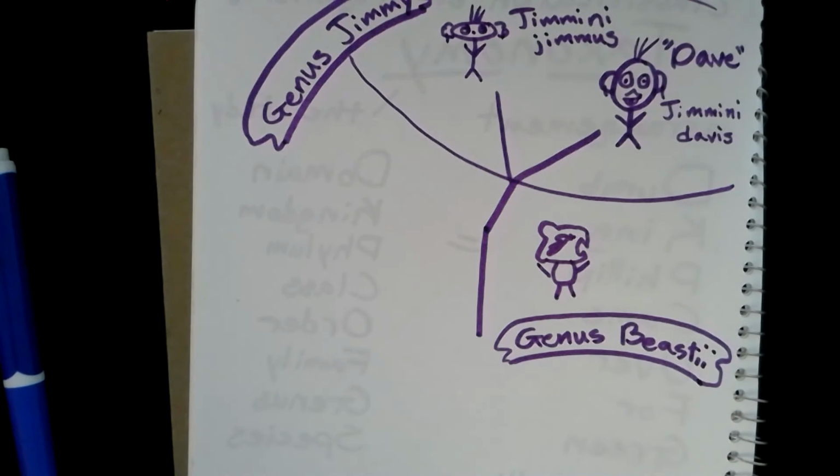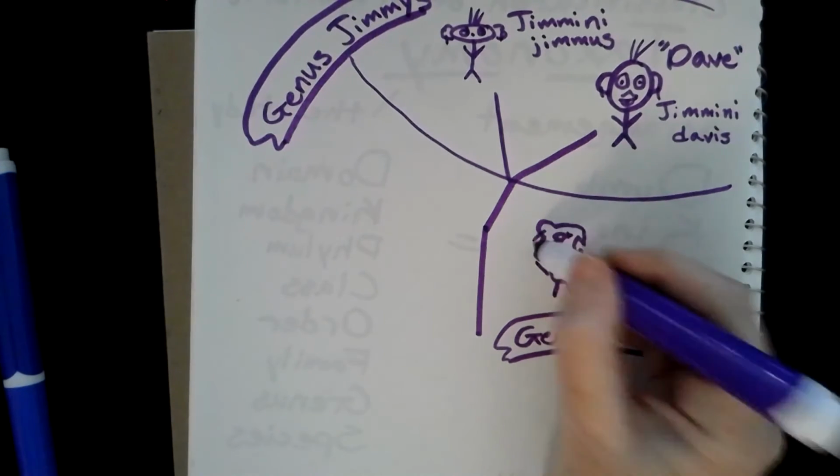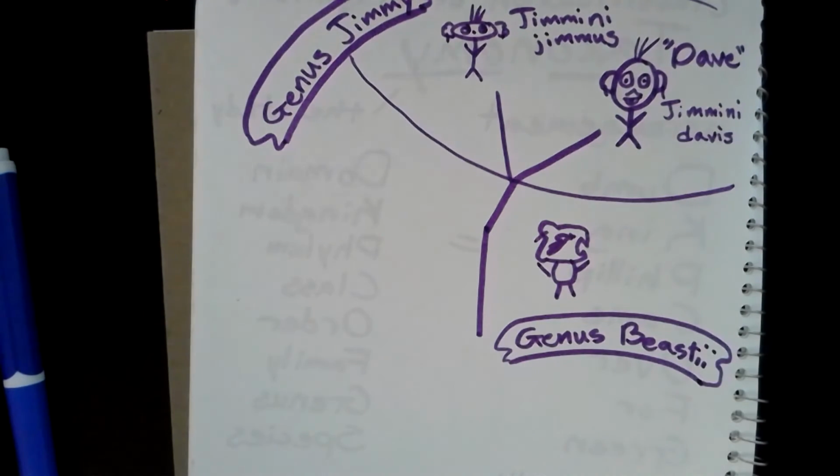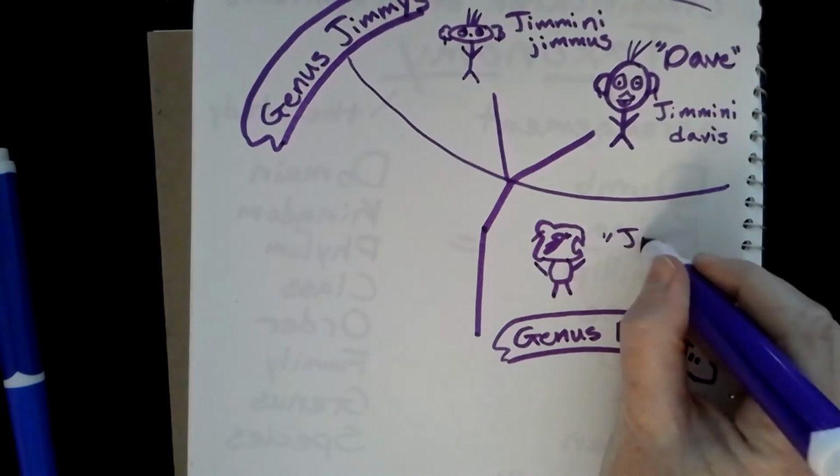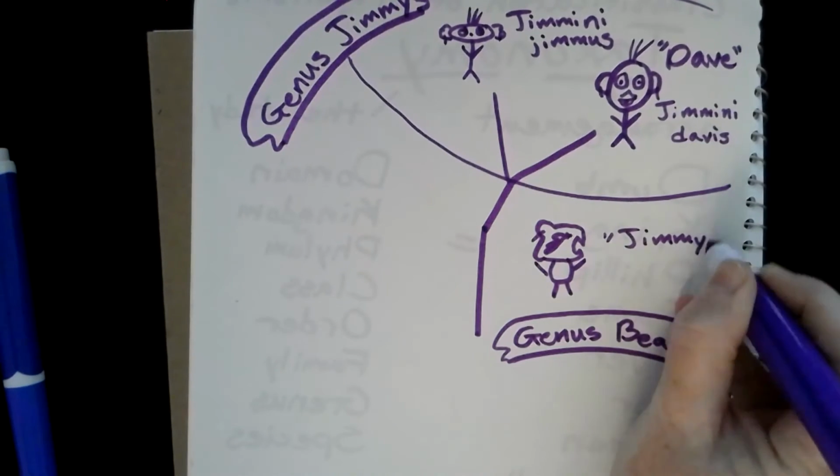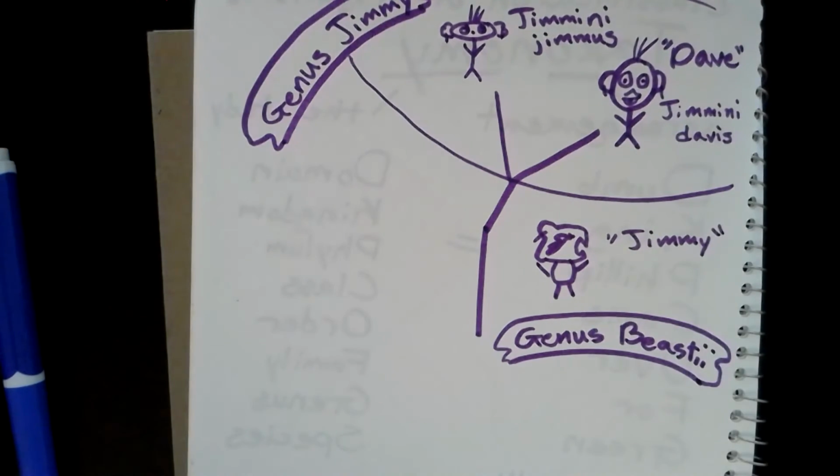There's another Jimmy. He shares a little bit of semblance with our first Jimmy, but he's not the same species. We'll also give him pierced ears. So despite the common name of Jimmy, not the same organism.